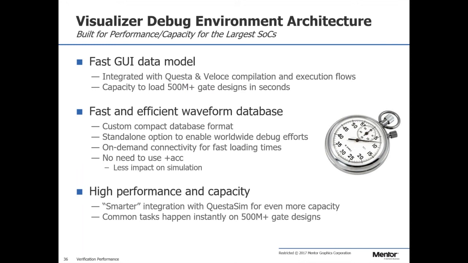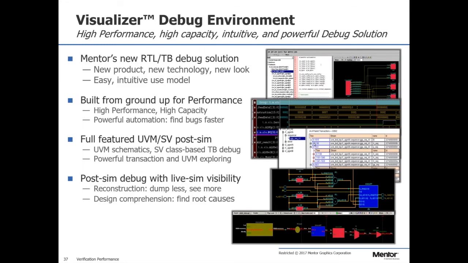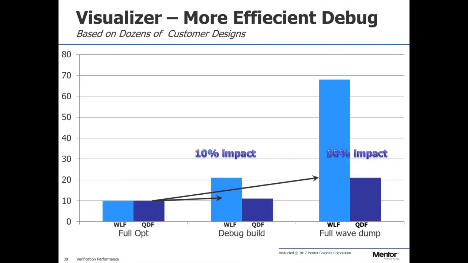We can handle much larger designs. The debug is more efficient, and I think I'll just get in to show you some of the things there. There are schematic views built in, so it's all very integrated with each other. It's much more efficient. And then here is what I'd say is almost the most compelling reason to use Visualizer.